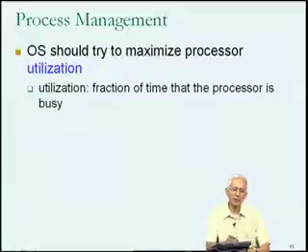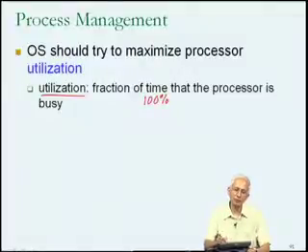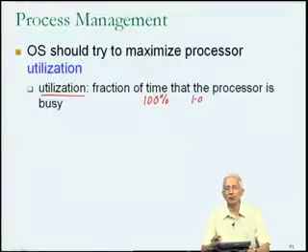Therefore, maximizing the processor utilization, trying to get it as close to 100% or a fraction of 1.0. Utilization will often be described as a percentage by multiplying the fraction by 100. This would be a good objective for an operating system to have. But it is possible that other objectives might also come into play.